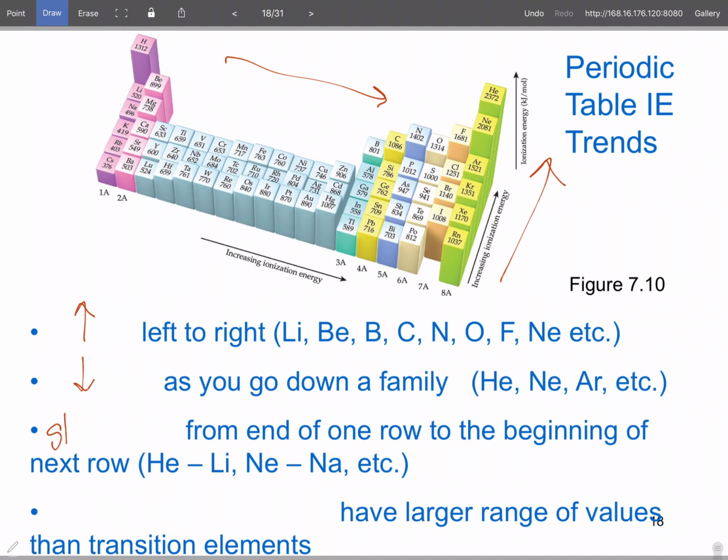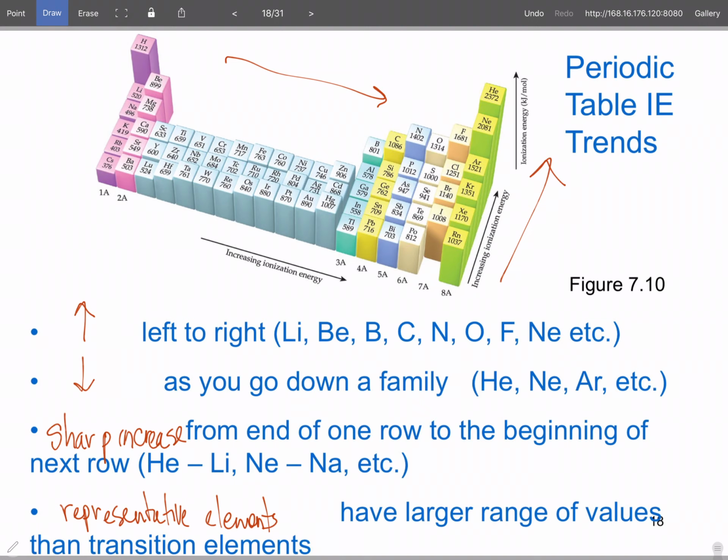Okay, there will be a sharp increase from the beginning of a row to the next one, and representative elements have a larger range than transition. So the transition metals all seem to be comparable.